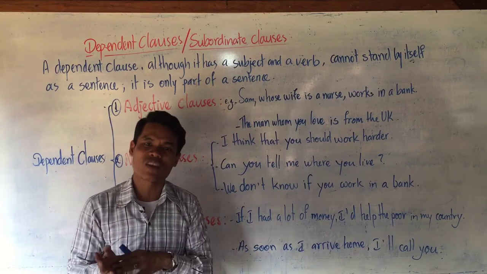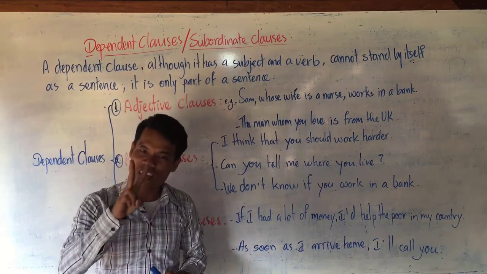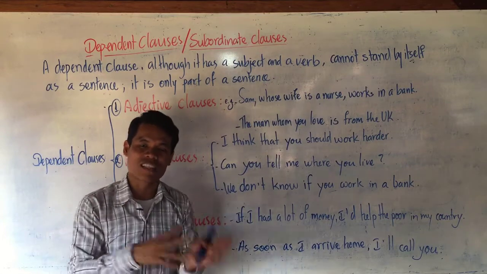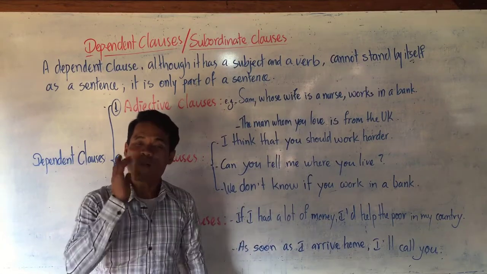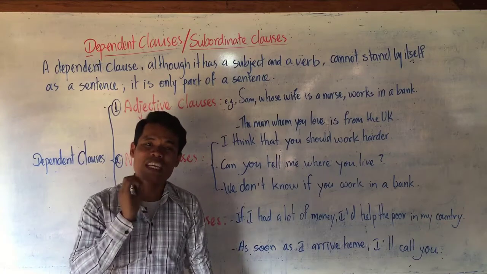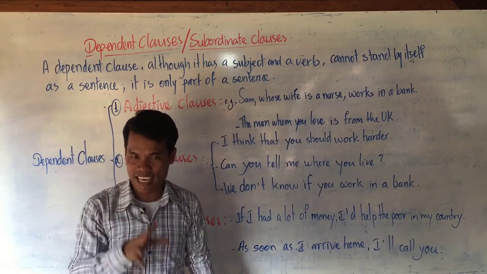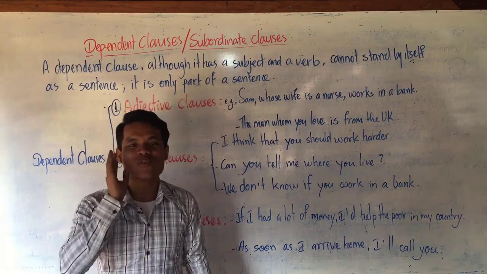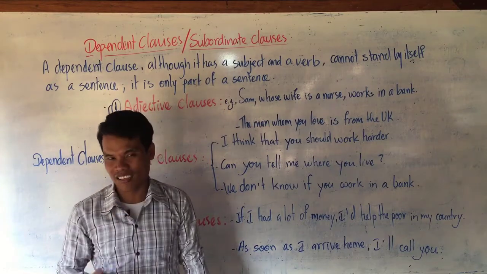How many types of clauses are there in English? There are 2 clauses, IC and DC, dependent clause and independent clause, or main clause and subordinate clause. When the question is how many types of dependent clause are there, the answer is there are 3 types of dependent clauses.